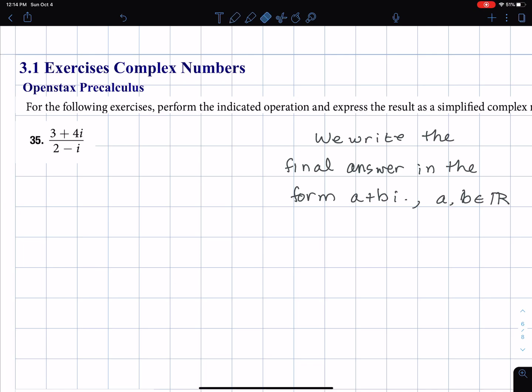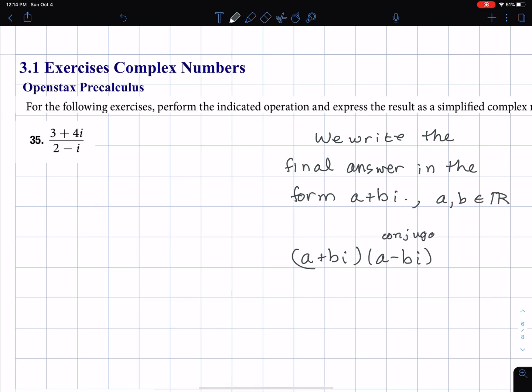Now, we are going to use this idea: if we multiply a complex number times its conjugate, what do I get? Well, first of all, what's the conjugate? The conjugate for a plus bi is a minus bi. I am going to show a lot of steps here.